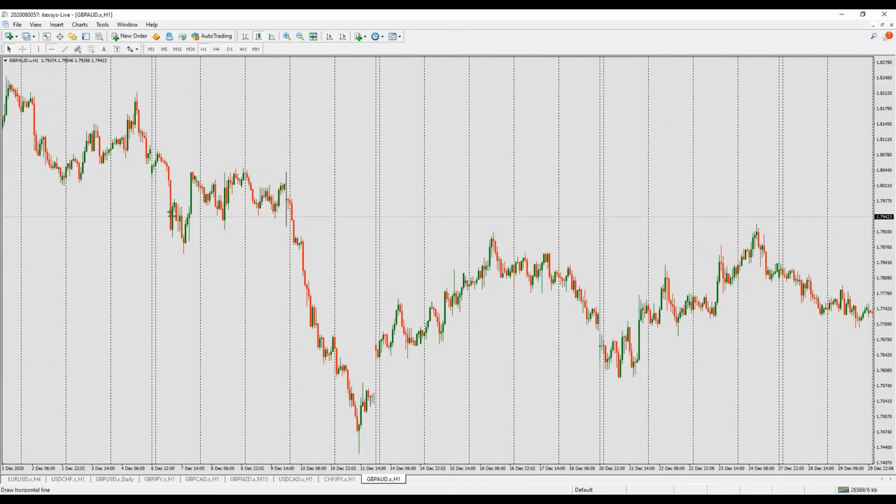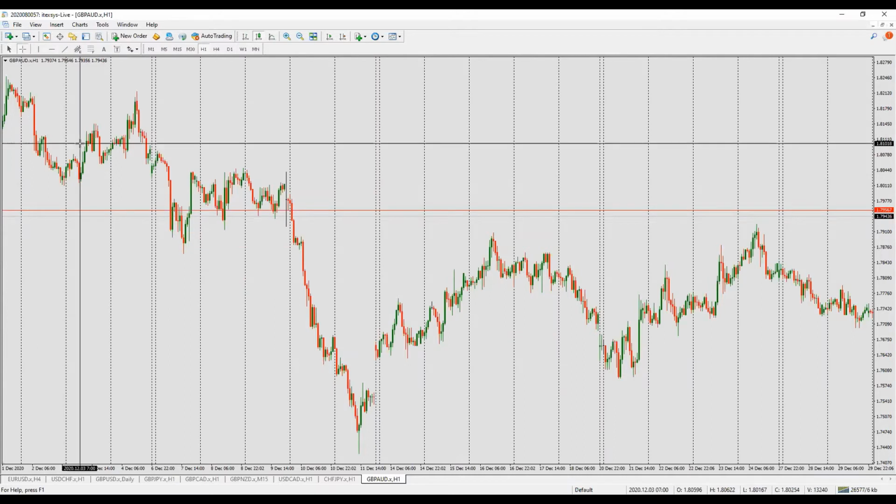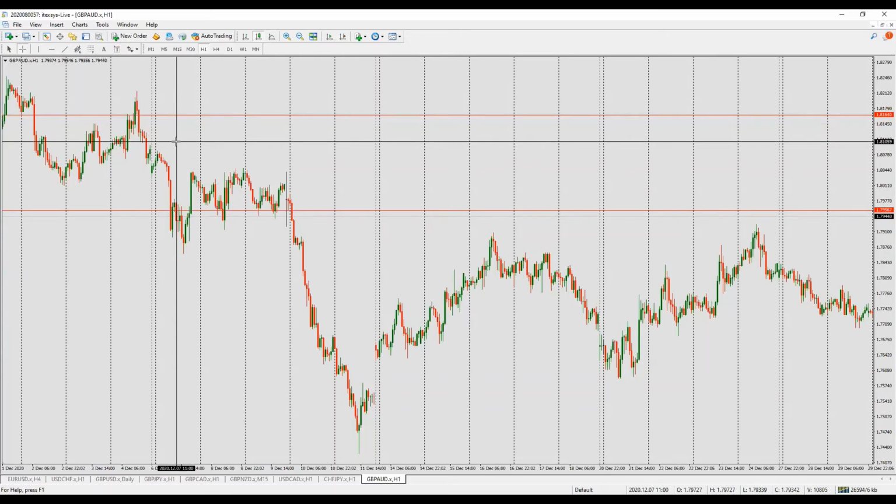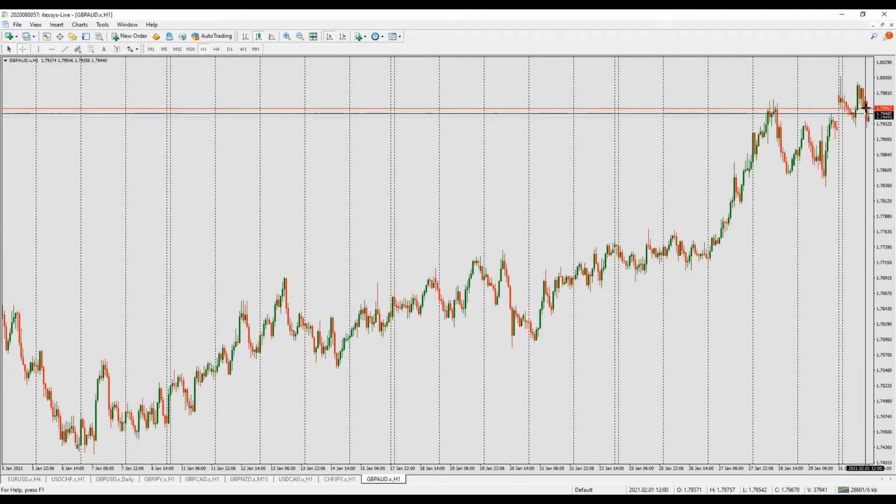To be honest, I would take the risk here on the first touch of this level, and I think above this level we have this level. But let's focus on this one. The price already touched this level, and even maybe passed it.